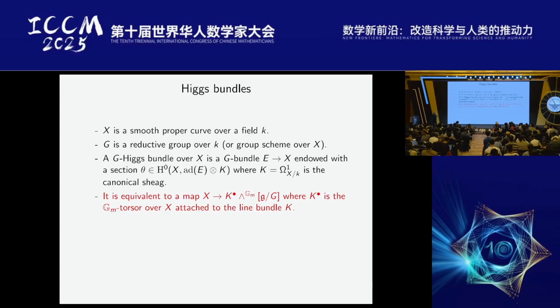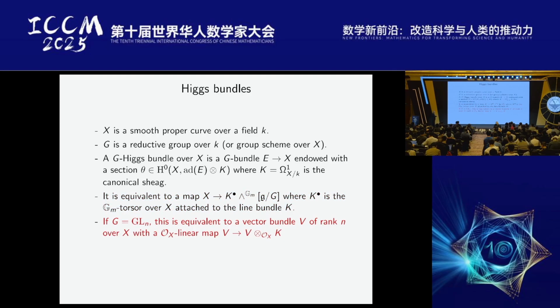And the canonical bundle comes in as some kind of twisting, because you have a scalar action on the Lie algebra that you can twist by the G_m-bundle associated to the canonical bundle. This is not a theorem to be proven, it's just a definition. A Higgs bundle is just a map like this, right? So this is a very convenient formulation. So for GL_n, you can replace it by this fixed map from V to V tensor K.